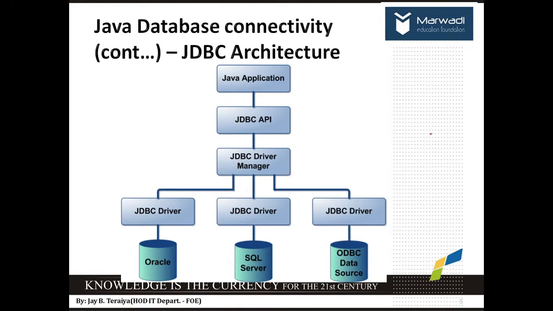JDBC API means your java.sql package, right? So your application will use a JDBC API to interact with the JDBC driver manager. The driver manager will interact with the JDBC driver, and then it is going to integrate with SQL Server or Oracle, or based on your database. For each database you will always have a different driver.